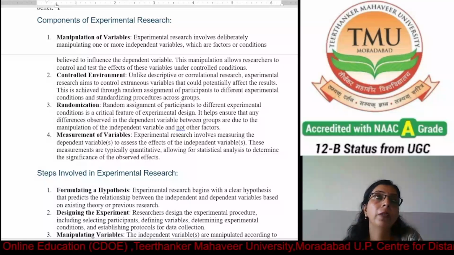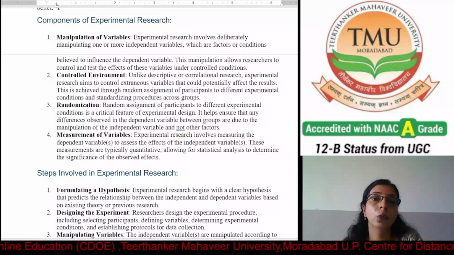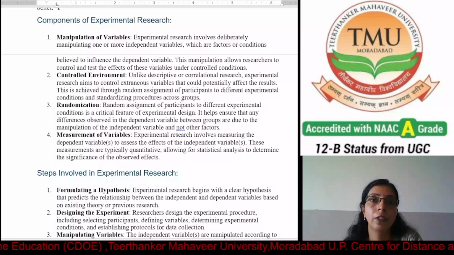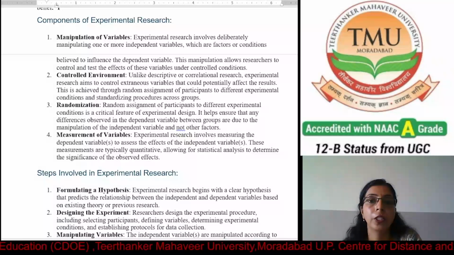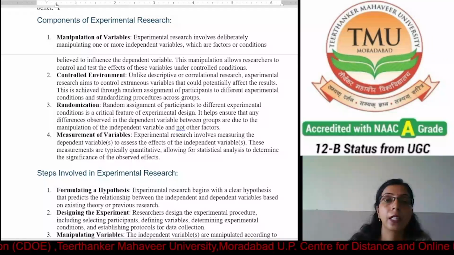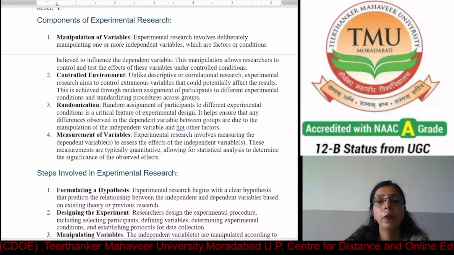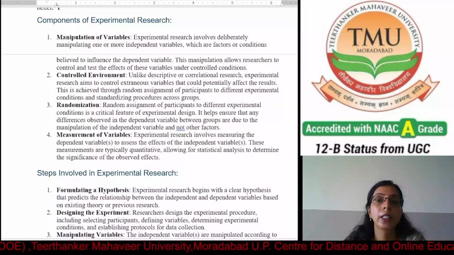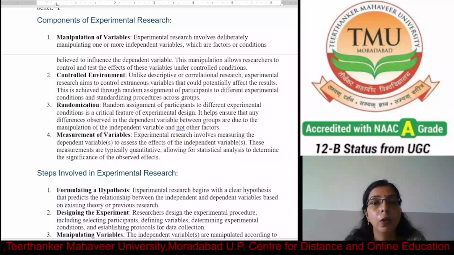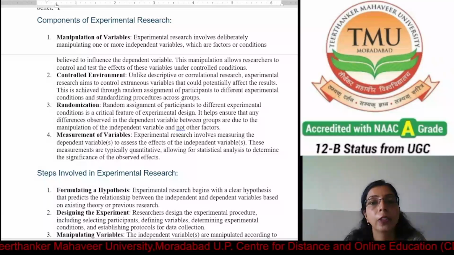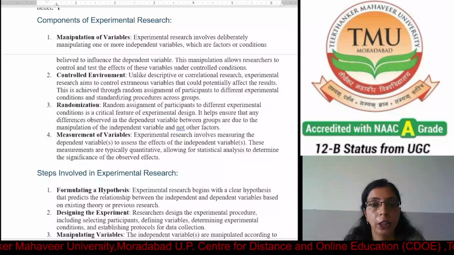By now, we have discussed various sources of error like history, maturation, pre-testing, measuring instrument, statistical regression, differential selection of subjects, and experimental mortality. But all these do not exist in isolation; rather, all these occur simultaneously during experimentation.